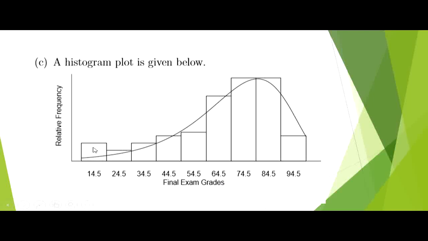Now this height shows 0.03. Here this height is for 0.05, this height is for 0.03, this is again 0.05 relative frequency, this is 0.07, this is 0.08, this is 0.23, here against the y-axis you find 0.23.